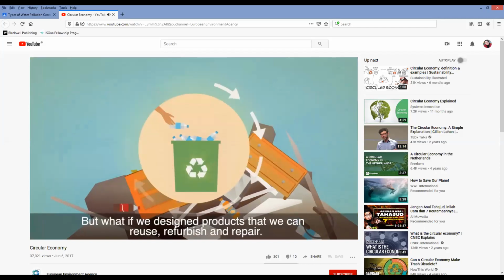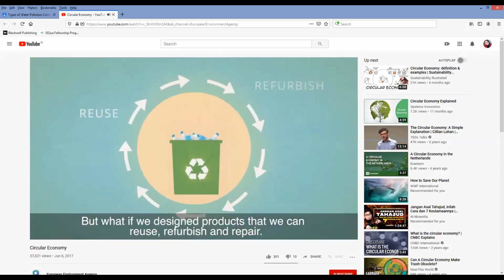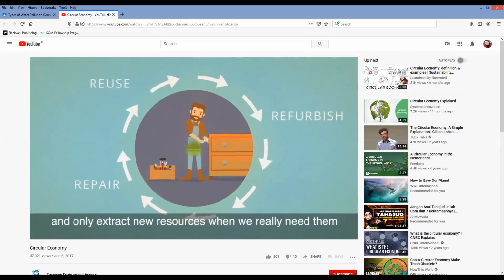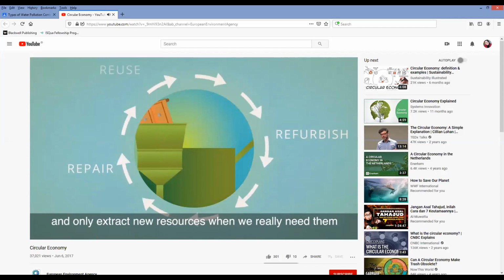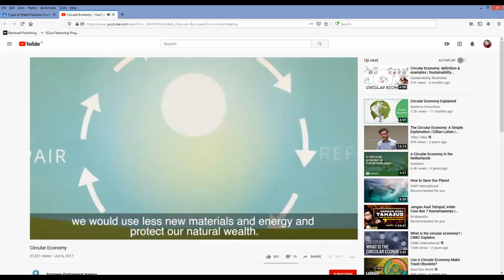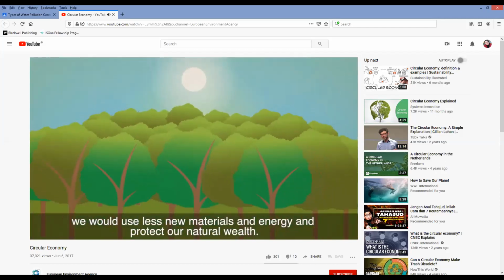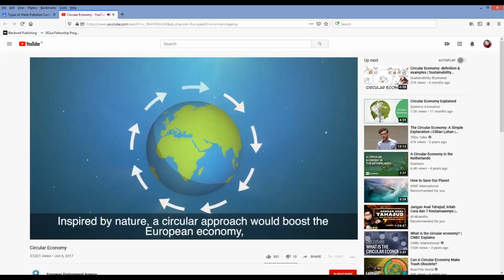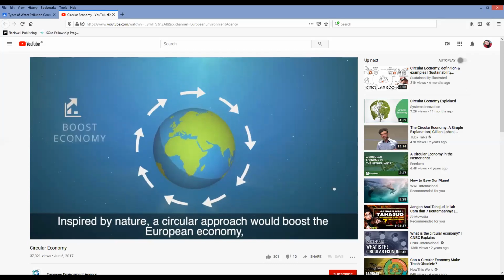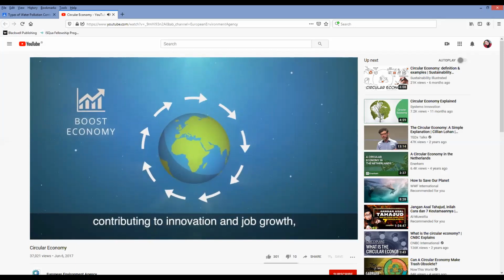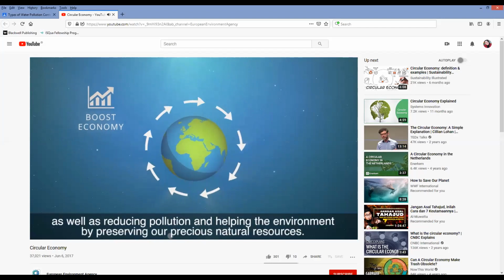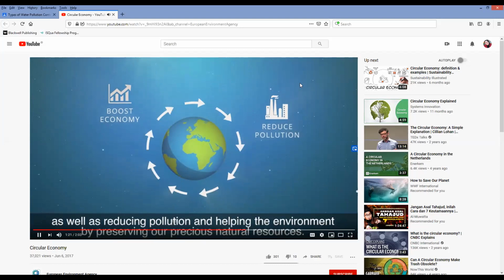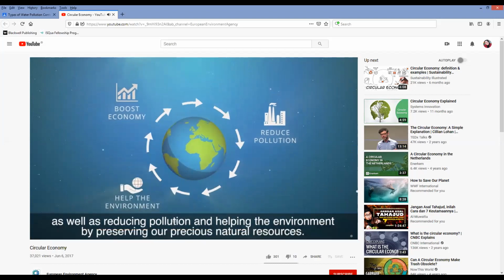But what if we designed products that we can reuse, refurbish, and repair, and only extract new resources when we really need them? We would use less new materials and energy and protect our natural wealth. Inspired by nature, a circular approach would boost the European economy, contributing to innovation and job growth, as well as reducing pollution and helping the environment by preserving our precious natural resources.